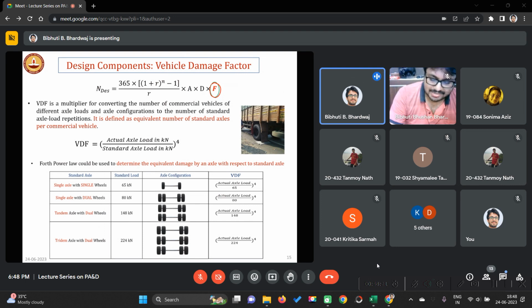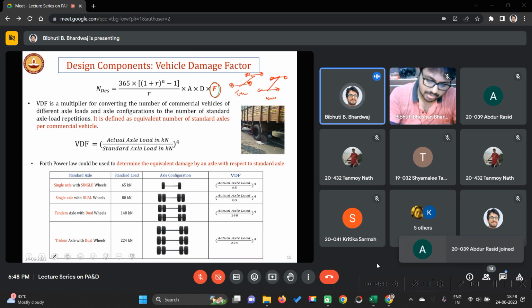As I said, if I consider only the number of axles, say two vehicles, one is a truck, one is a bus, both are single axle type, that means in the rear they have single axles.